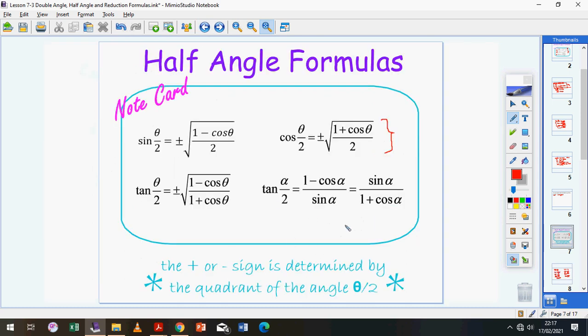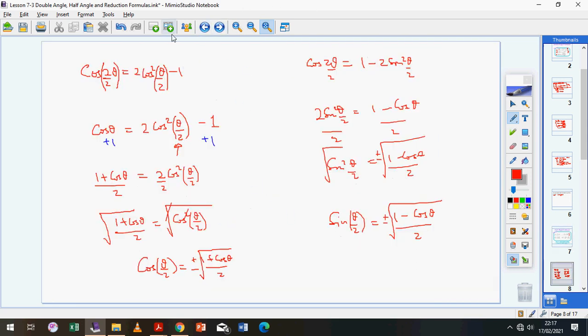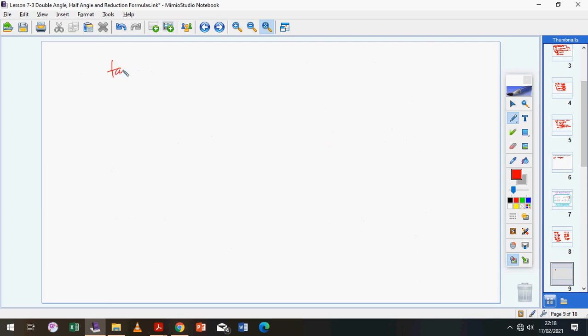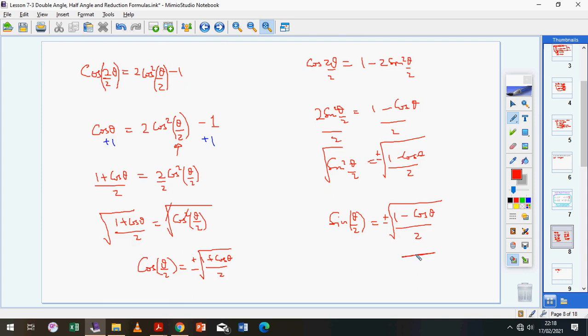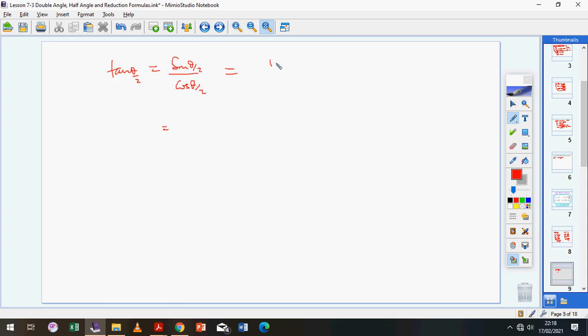And the one for tan: I know that tan of theta is basically sine of theta divided by cosine of theta. If I divide the angle by 2 in all cases, then I can substitute the half angle formulas for sine and cosine. The one for sine is the square root of 1 minus cosine theta over 2, and the one for cosine is the square root of 1 plus cosine theta over 2.